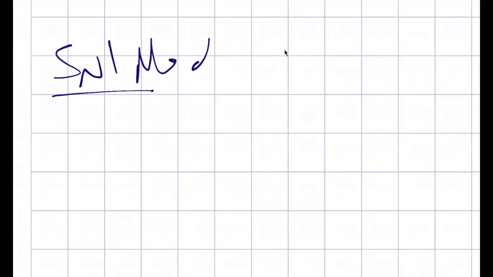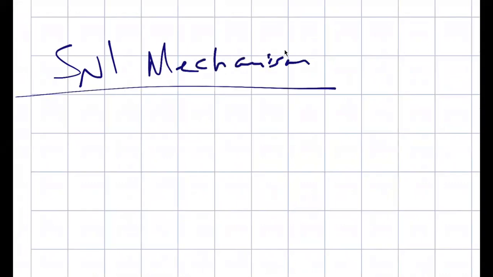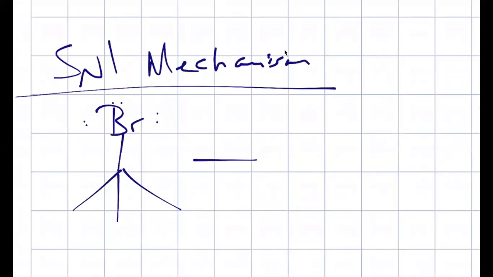All right, so for the SN1 mechanism, the first step is the loss of the leaving group.